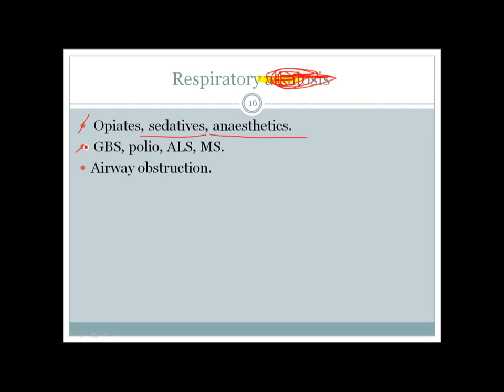And diseases such as GBS, polio, ALS, amyotrophic lateral sclerosis, or multiple sclerosis all act by paralyzing your respiratory muscles. If your respiratory muscles are paralyzed, you can't take a breath and you can't excrete carbon dioxide, so carbon dioxide will build up in your blood and lead to respiratory acidosis. Airway obstruction will also cause the same thing: you will have a decreased level of carbon dioxide excretion from your lungs, leading to respiratory acidosis.